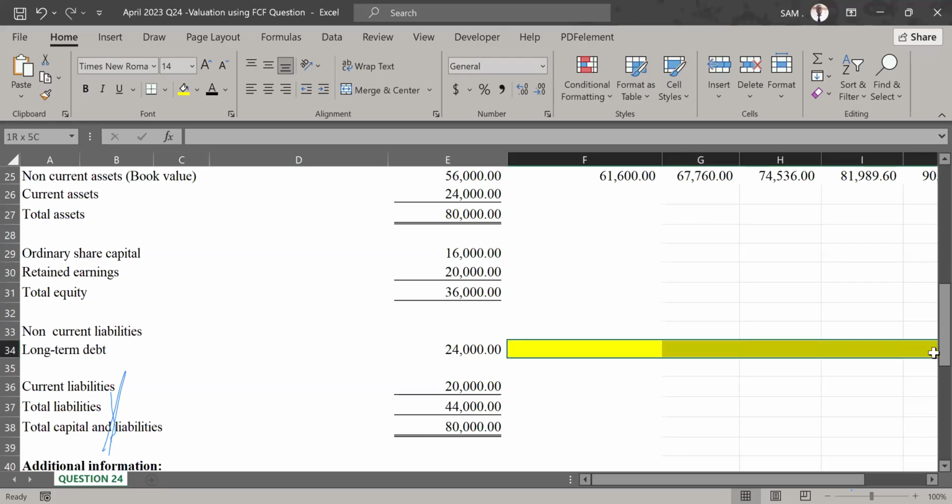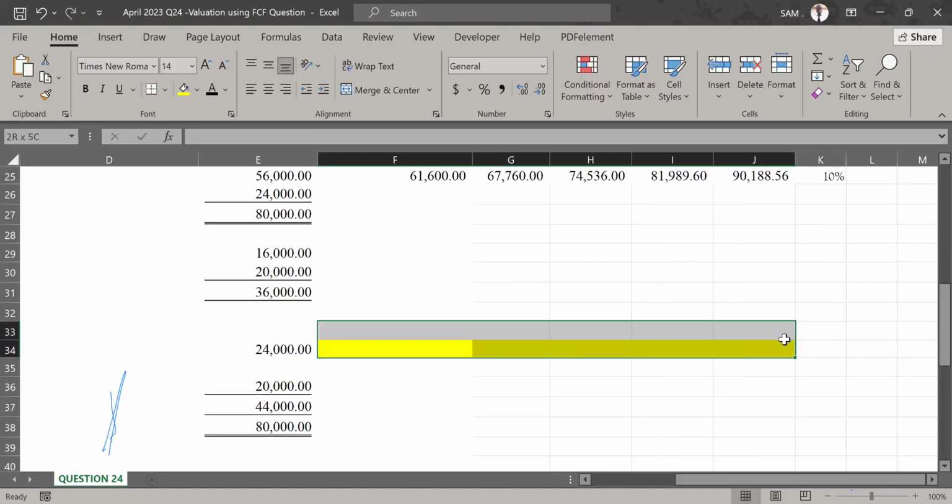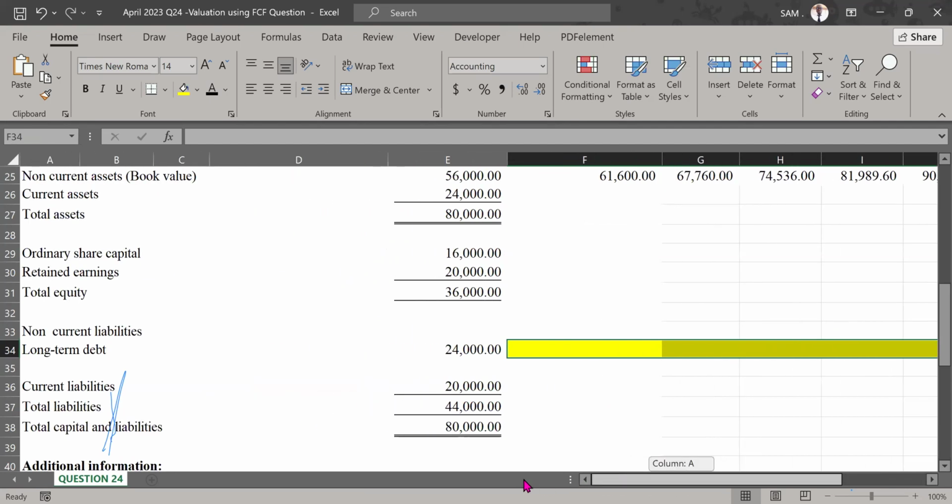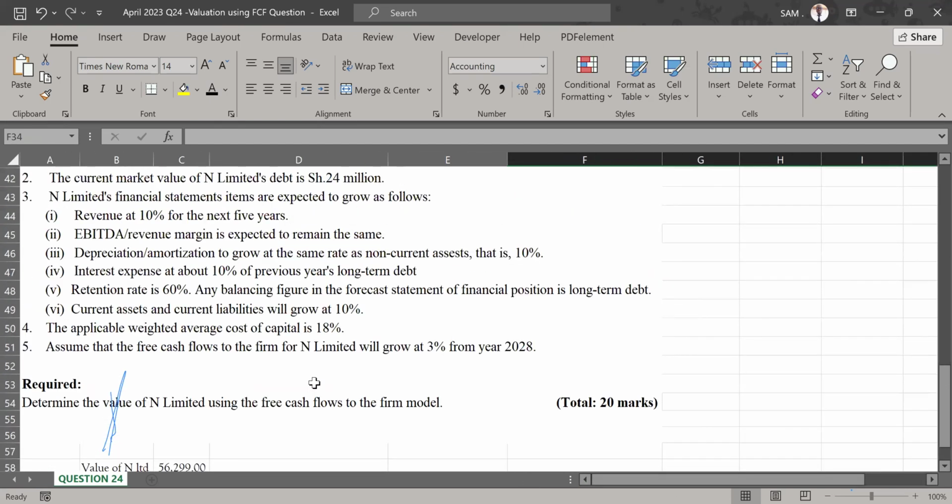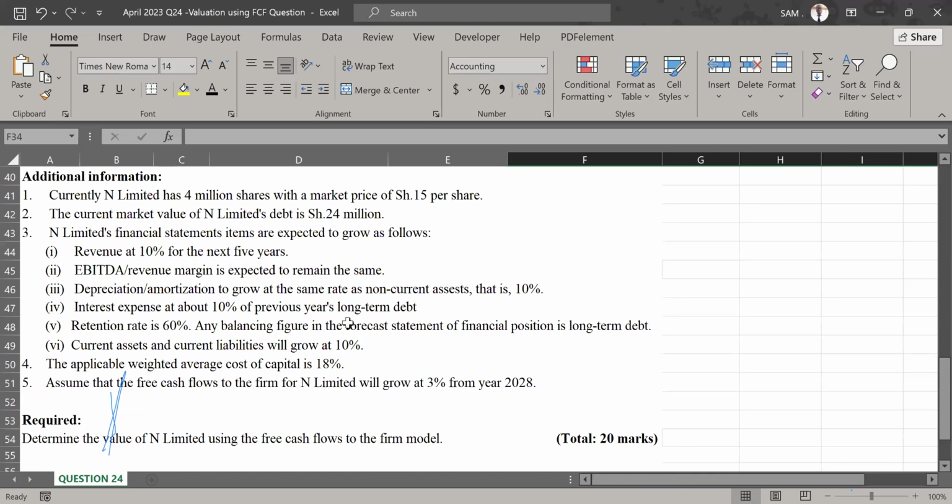That is the interpretation. So that means long-term debt will come towards the end. It will come towards the end because it is the balancing figure for our statement of financial position. It will balance it out. So we just note that part, that it will be the balancing figure, and leave the long-term debt part blank.